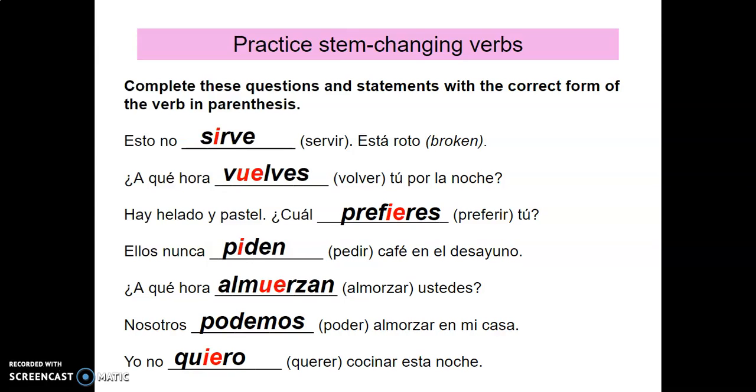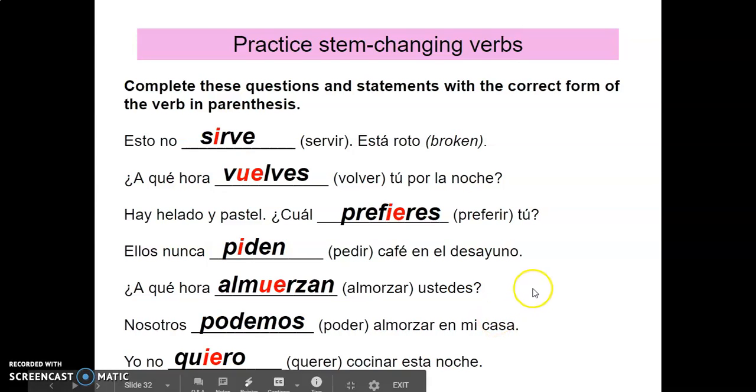Remember, in español, when we're saying to have particular meals, we can actually use the name of that meal as a verb. So desayuno is breakfast, el almuerzo is lunch, la cena is dinner, but we can also use them as verbs. Desayunar, yo desayuno a las 8, I have breakfast at 8 o'clock. Or I can say yo como el desayuno.